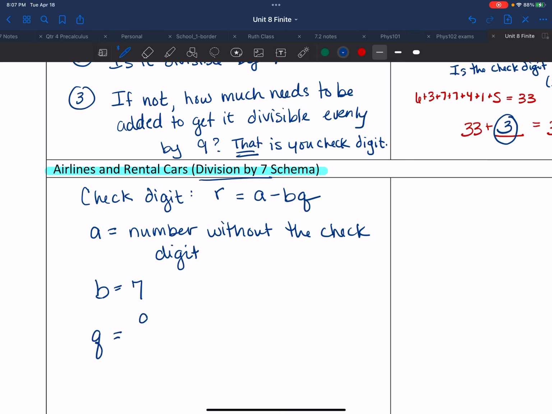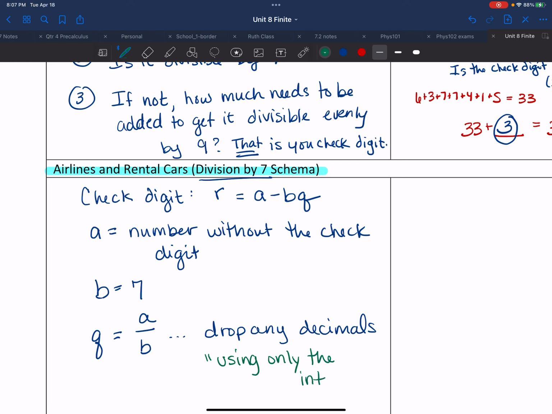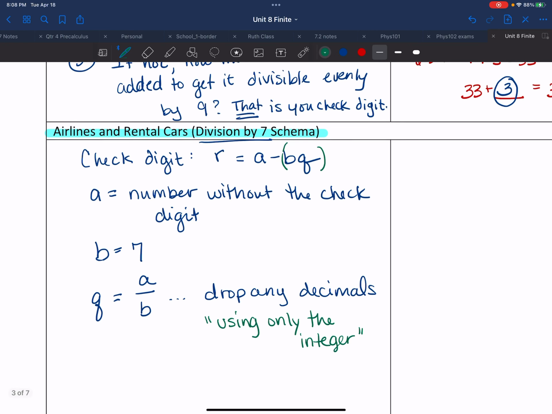We're going to take A and divide it by B, and then we're going to drop any decimals. That's the same thing as using only the integer. Integers are whole numbers. Now remember, you're going to essentially put parentheses around that B times Q so that your order of operations works for you.